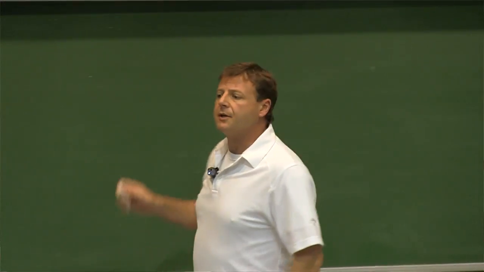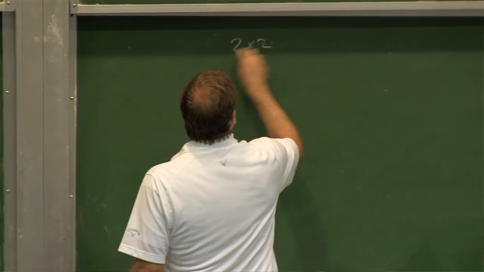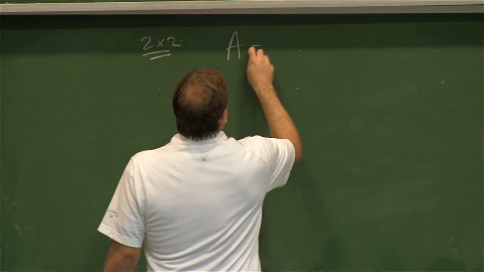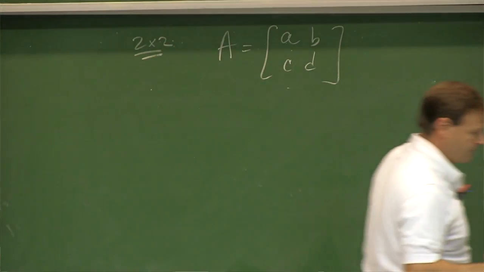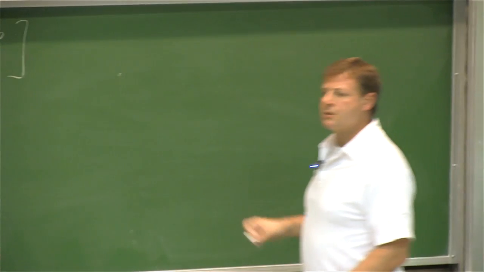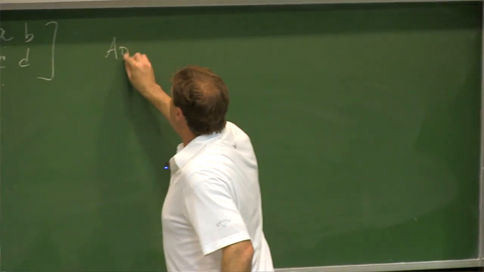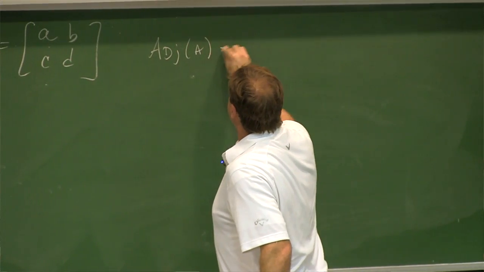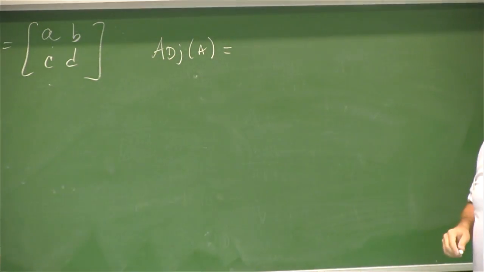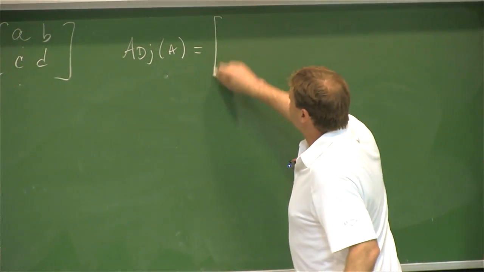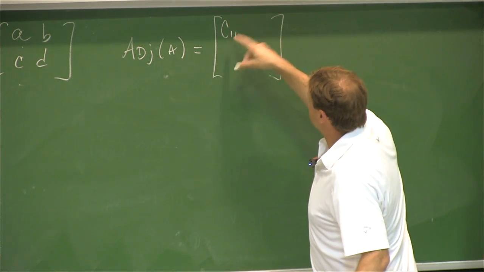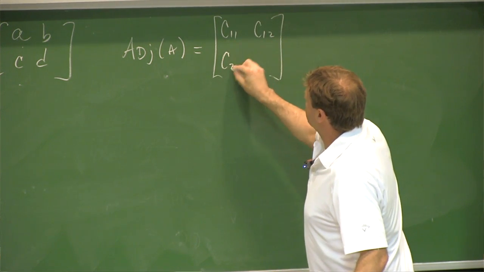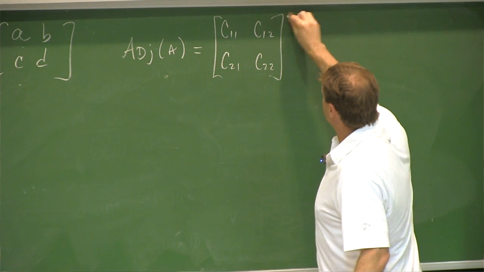Let's take a look at the 2 by 2 case. If A is equal to A, B, C, D, let's go calculate the adjoint. Well, the adjoint's going to be the cofactor matrix. Just for practice, that's C11, C12, C21, C22, and then I'll take the transpose.